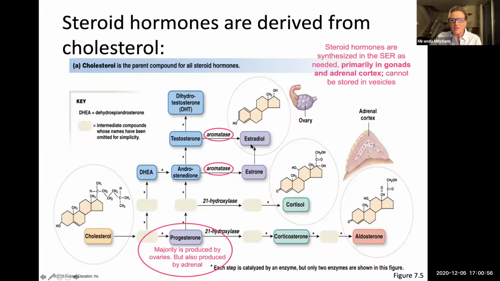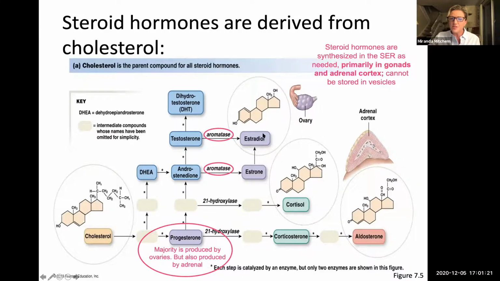So these are our male versus our female hormones, but clearly we have very different phenotypes between the male and female biological expression. I'm trying to think of an inclusive way to say that. I apologize if I didn't say it in the best way.